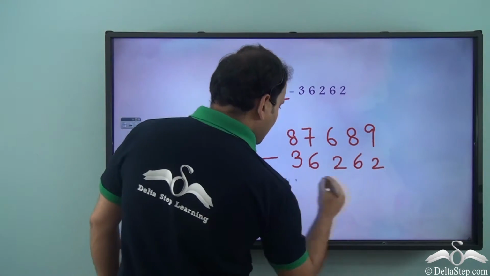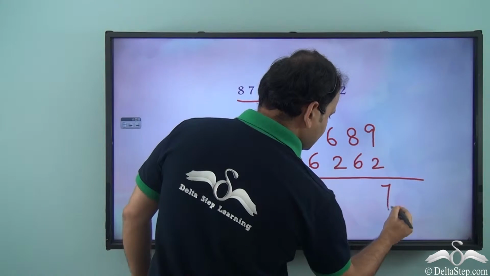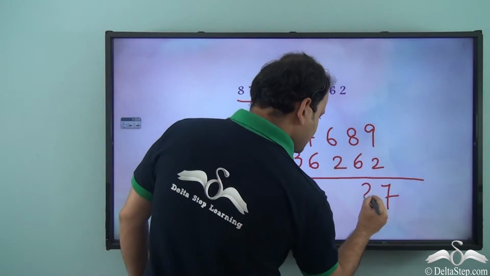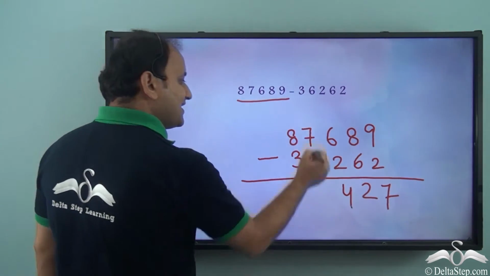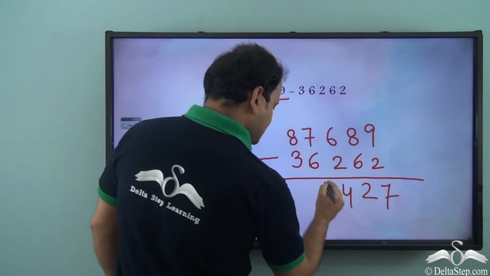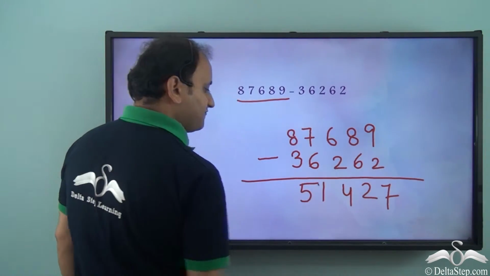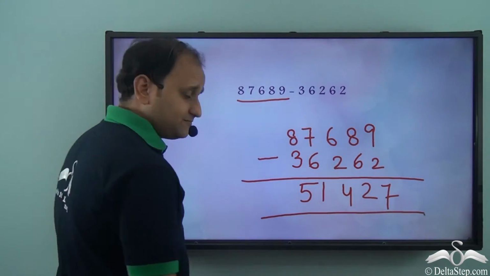And we'll perform the subtraction. Now 9 minus 2 is 7, 8 minus 6 is 2, 6 minus 2 is 4, 7 minus 6 is 1, and 8 minus 3 is 5. So the answer is 51427.